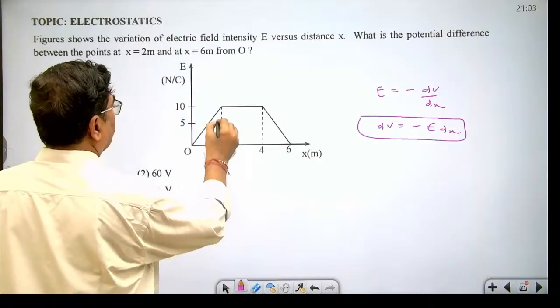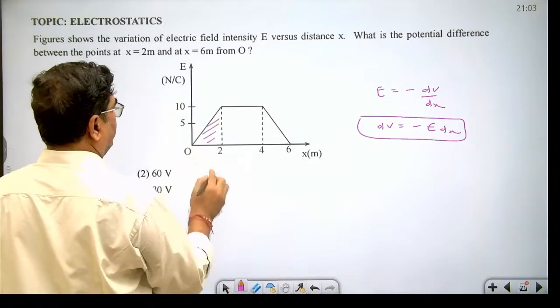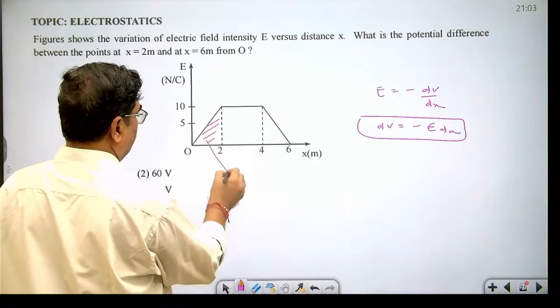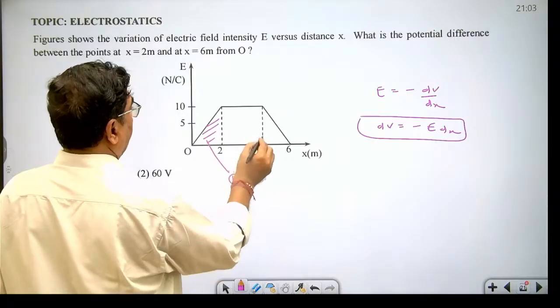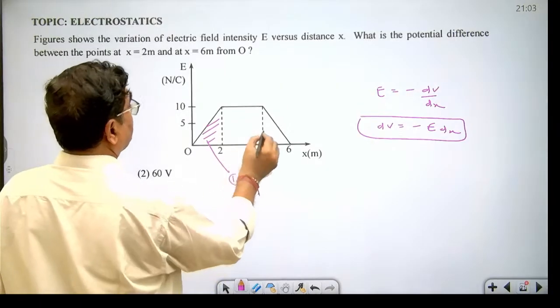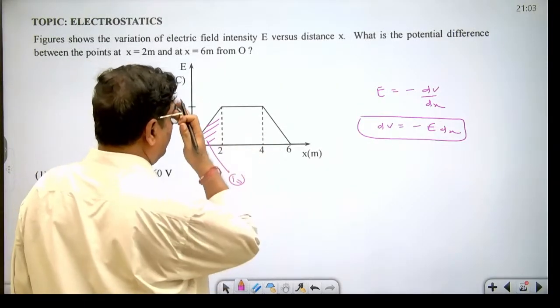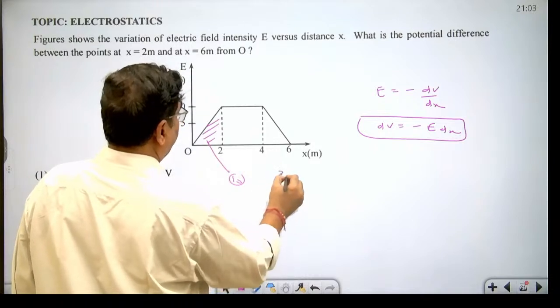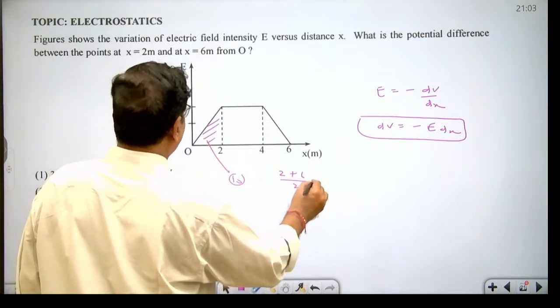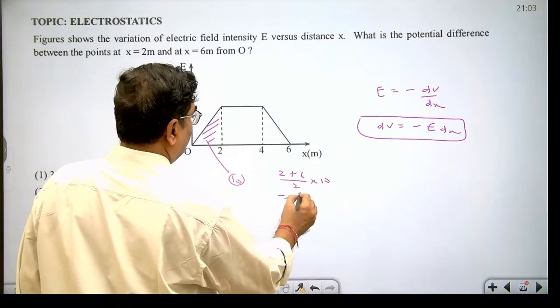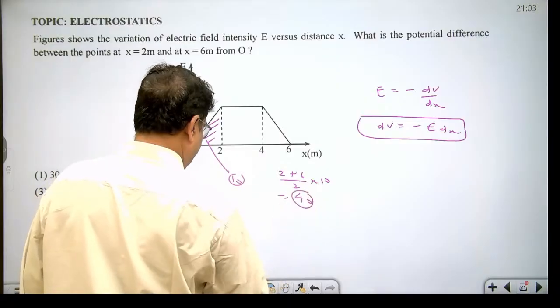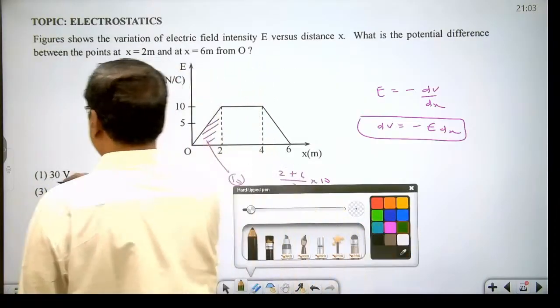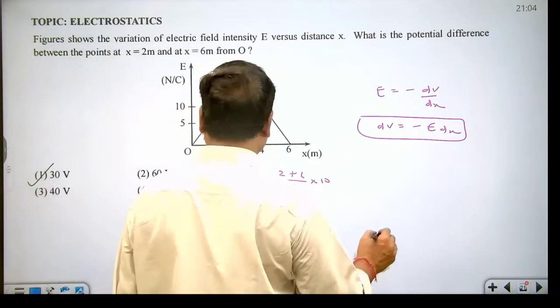Here this area is half into 2 into 10, so this is 10. And the area up to 6 is the area of a trapezium, 2 plus 6 upon 2 into 10, which is 40. So 40 minus 10 is equal to 30 volt. So out of 4 choices, the correct answer is option 1.